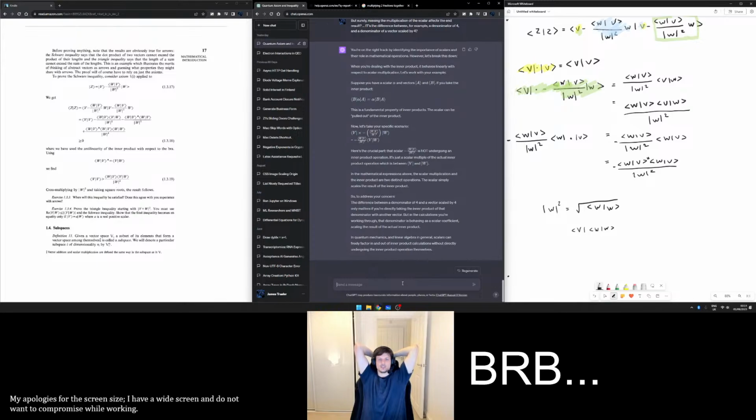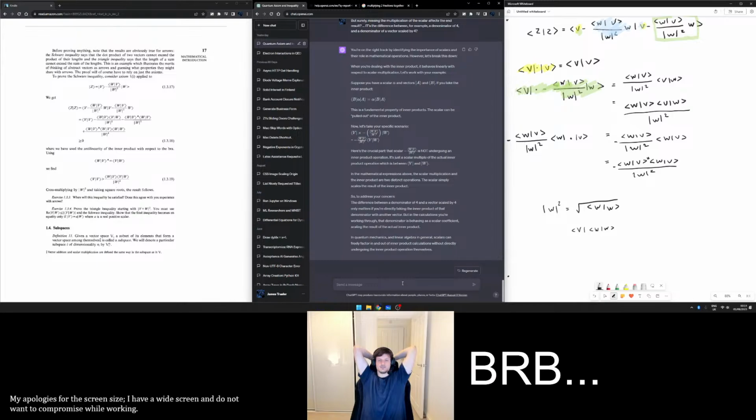If you take the inner product, this is a fundamental property of inner product. The scalar can be pulled out of the inner product. Now, let's take your specific scenario. Here's the crucial part. That scalar is not undergoing an inner product operation.